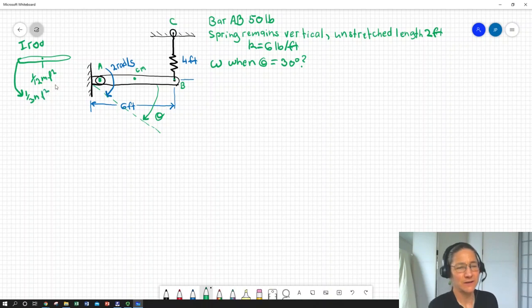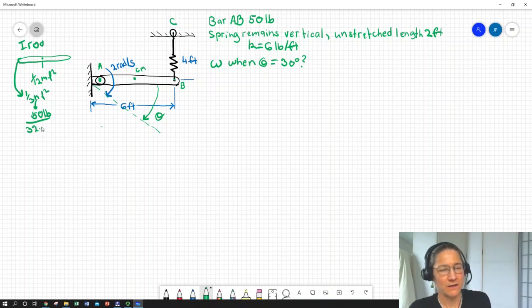So in this case, our mass is going to be 50 pounds divided by gravity in feet per second squared, which gives us something on the order of 1.554 slugs.